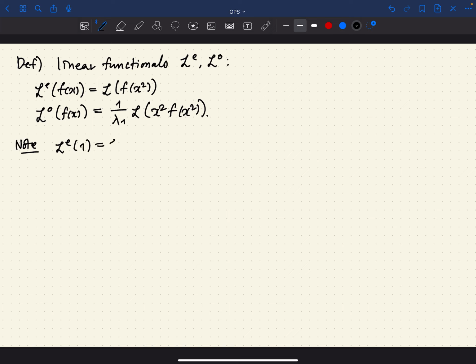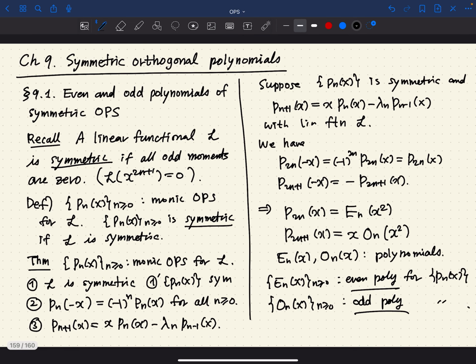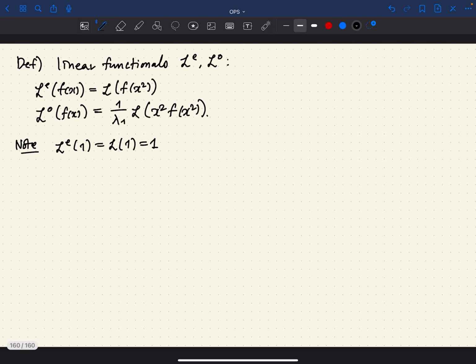So note that L_E of 1 equals 1, because by the way, we assume here that L of 1 equals 1. And L_O of 1 equals 1 over lambda_1 times L of x squared. But x squared is the second moment, and we know that there's only one Motzkin path, because b_n equals 0. We only have up steps and down steps in our Motzkin path.